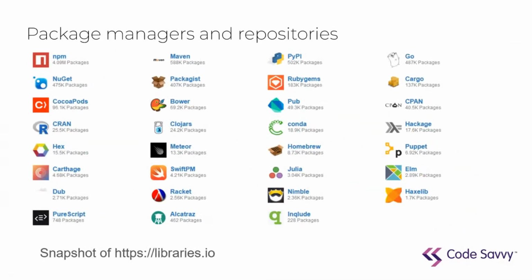This is a snapshot of a website called libraries.io, which shows a collection of major library repositories. Most programming languages that support the usage of libraries have some sort of central repository, and this collects metadata about them and shows how many packages there are.